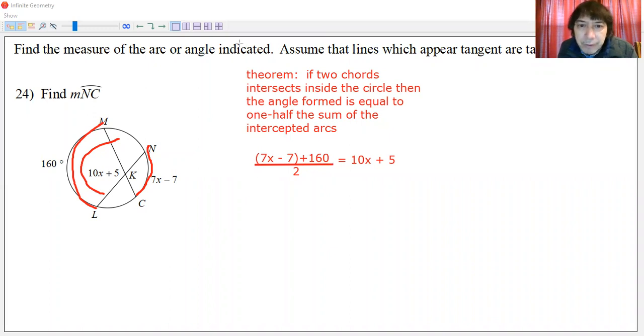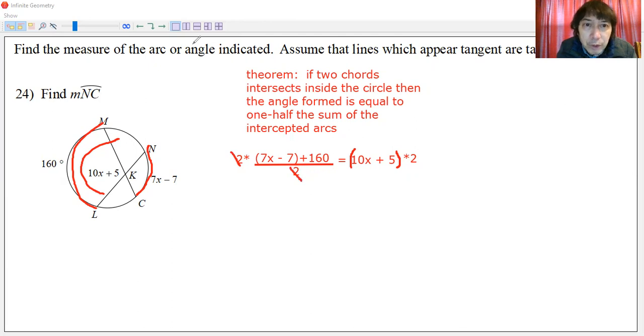Let's simplify first. Let's remove the fraction. Times 2. So let's multiply this by 2 right away, and then times 2 the right side, after putting a grouping symbol. So this 2 and this 2 cancel out.